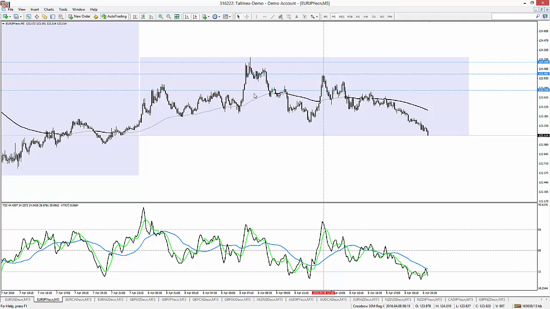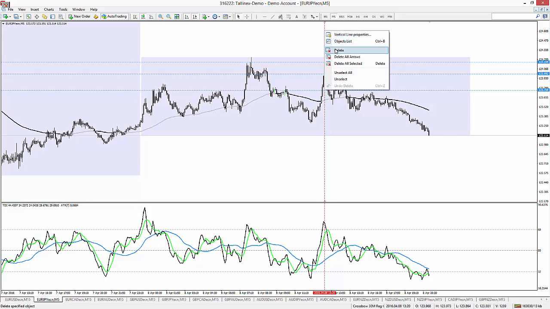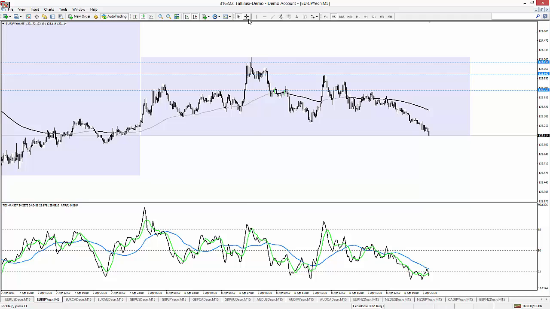I like to do pending orders, but I find on a 5-minute chart that depending on how clean the setup is, like in this particular case, the pending order would be right here. Oops, sorry guys. My pending order would be 10 pips from the top. So let me measure 10.